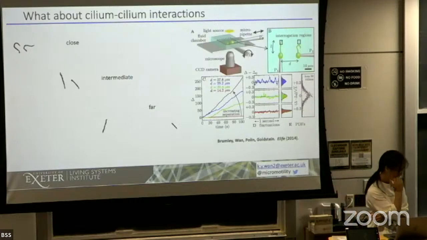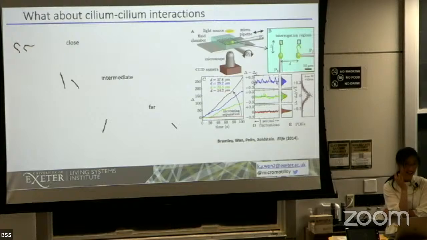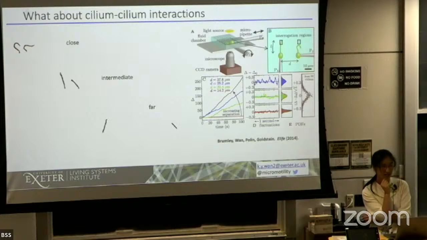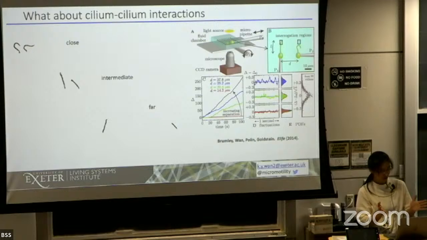Yes, I don't have that slide here, but maybe I could show it next time. Not quite in such detail that you're visualizing, but we do have measurements which basically suggest the existence of a bifurcation length scale.